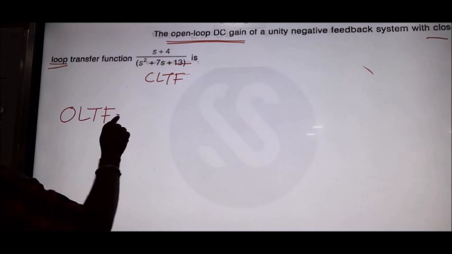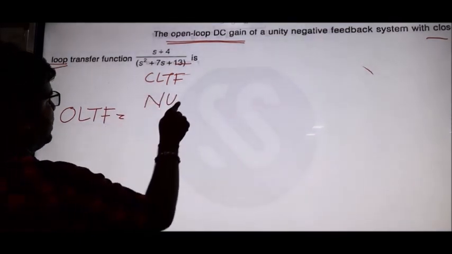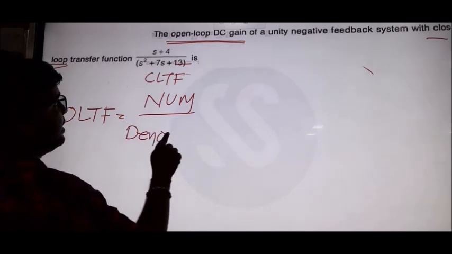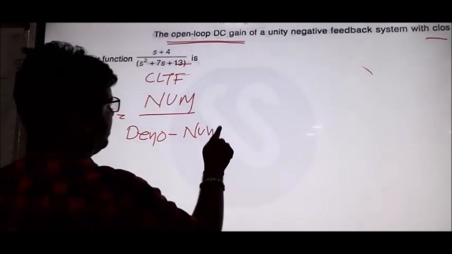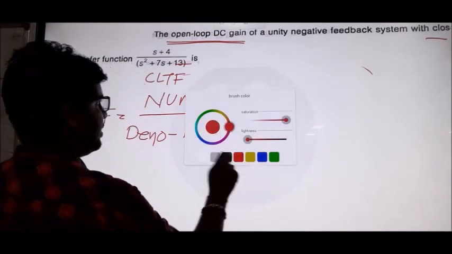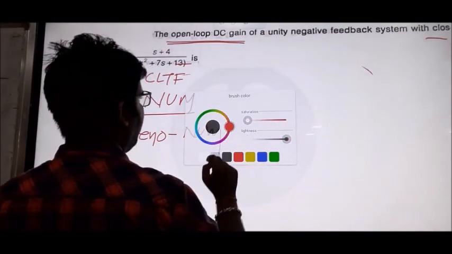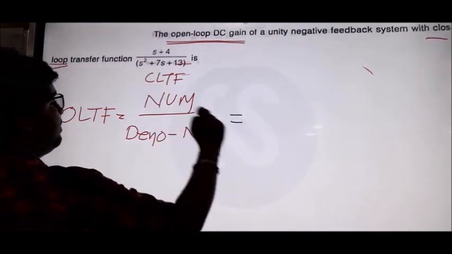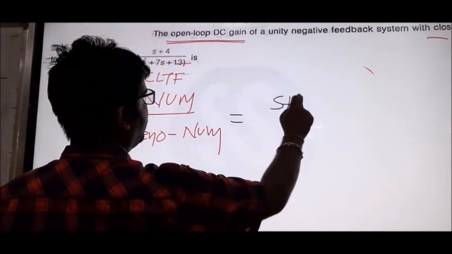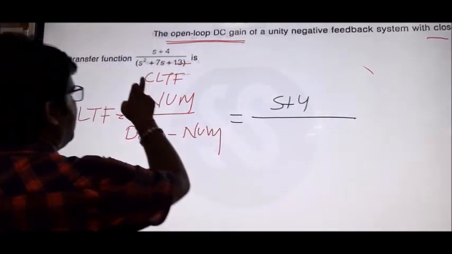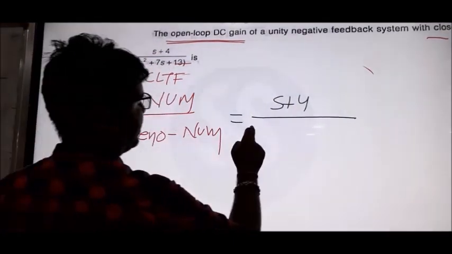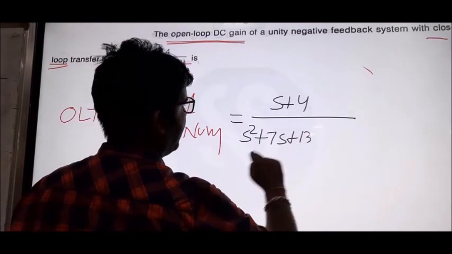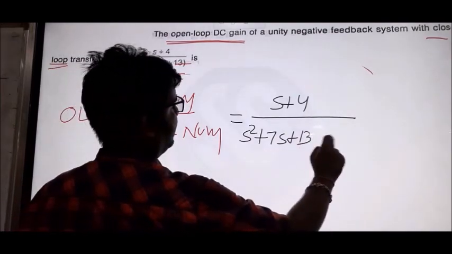OLTF, what is the formula? Numerator divided by denominator minus numerator. So if you do that, what will happen? The numerator of CLTF is s plus 4, and the denominator is s square plus 7s plus 13, minus the numerator.